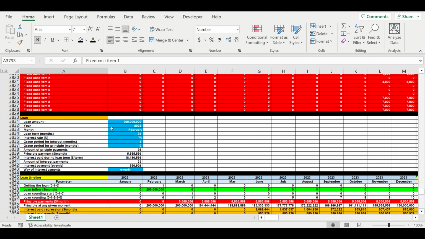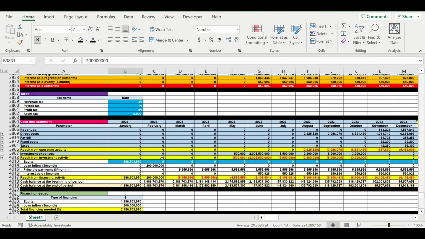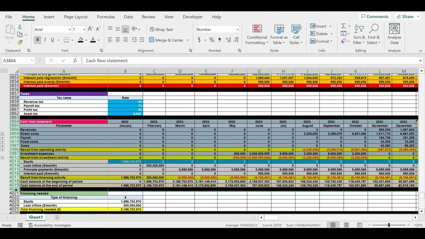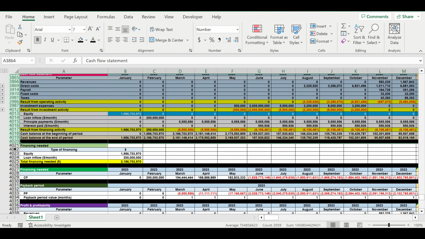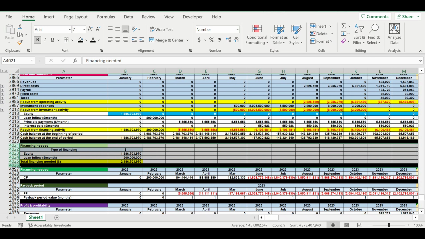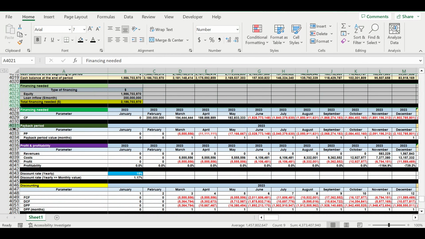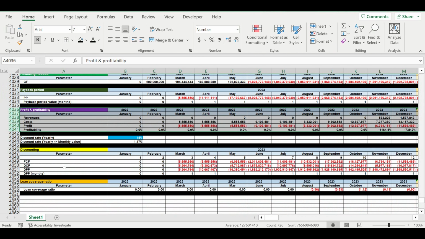Then we moved to loan modeling. Then we created the cash flow statement and calculated the amount of financing needed. Then we calculated the payback period and created a simple table for profit and profitability.